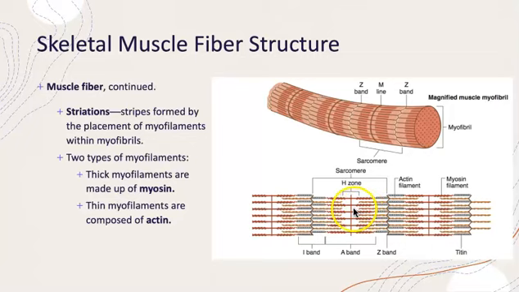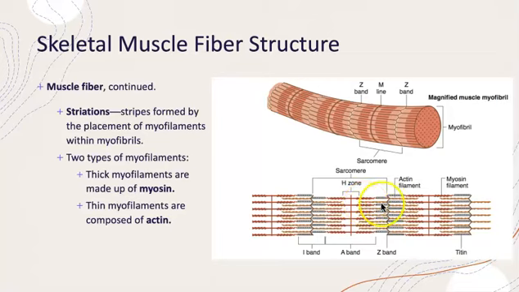So the actin will move closer to this area that is in the center of the H zone, and we call this line here the M line. So notice how if we go back to this Z-band over here, we have another Z-band on this side.